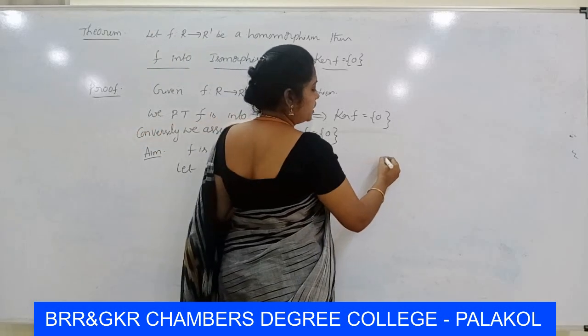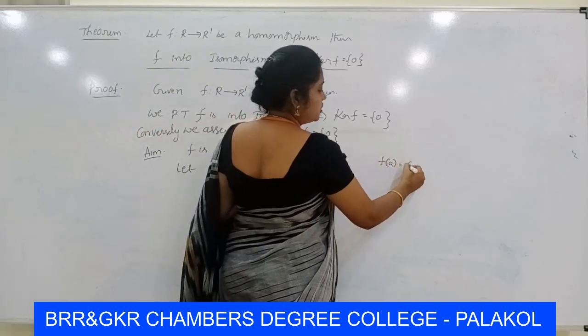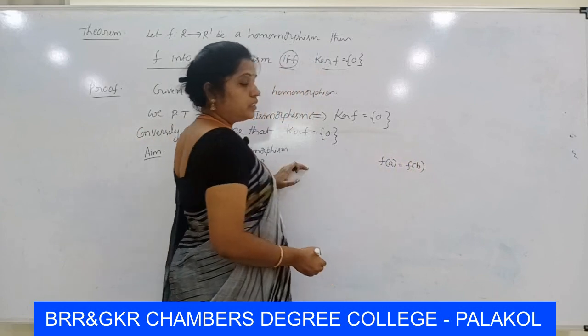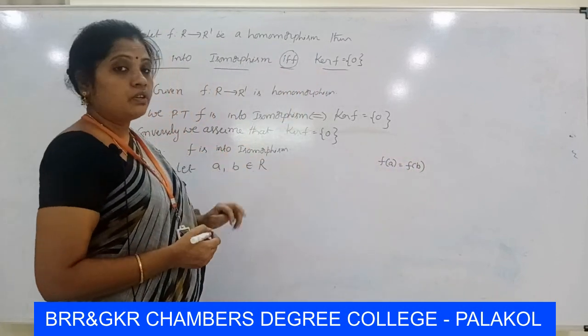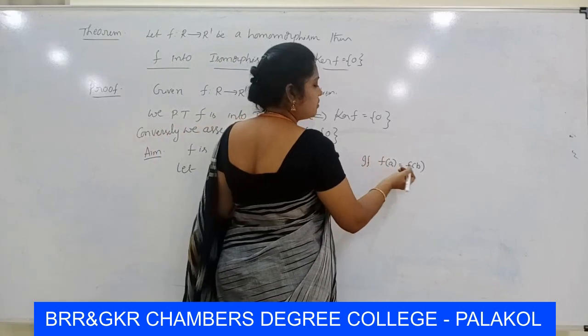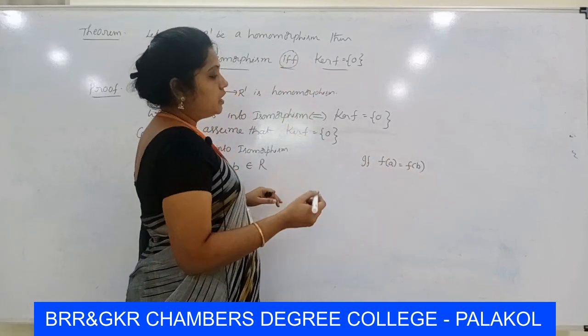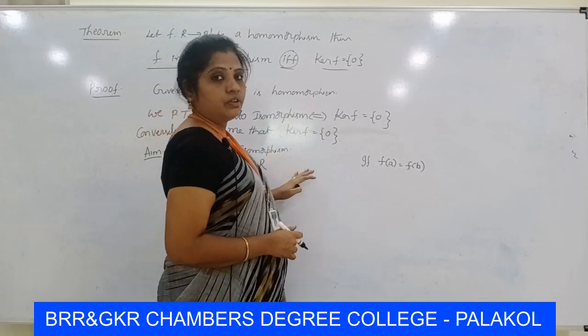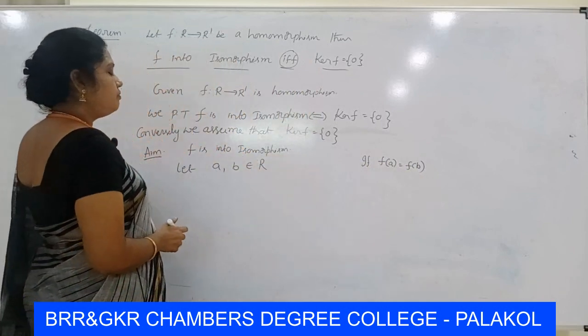That means we take images equal, then the elements are also equal. If the images of the elements are equal, then their elements are also equal, then it is called f is one-one.